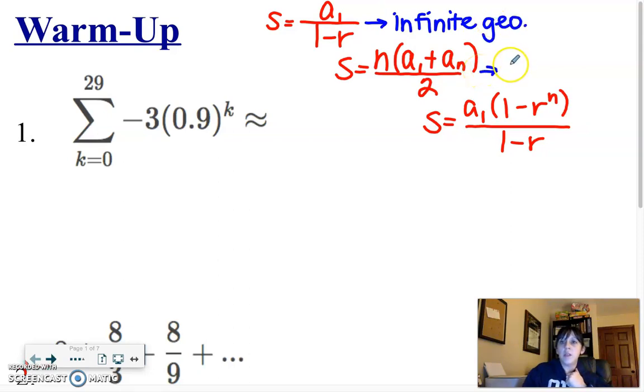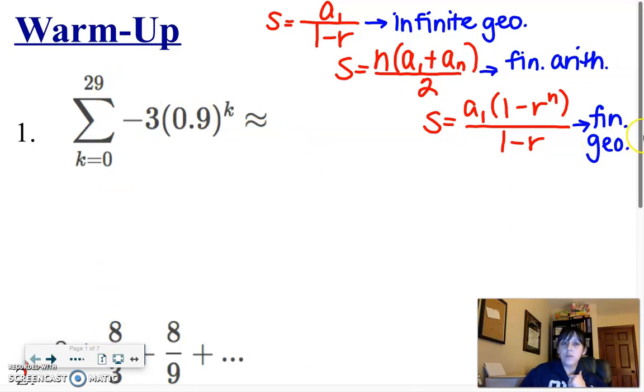The second one is for a finite arithmetic series. And this bottom one is for a finite geometric series.